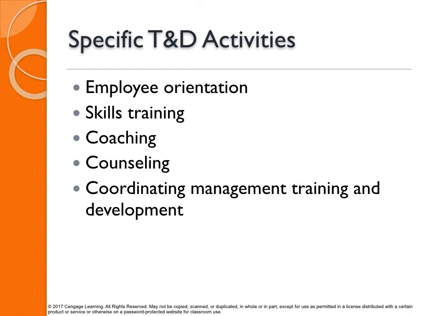Here are some specific training and development activities that are common. As I mentioned, employee orientation. That's the very first training and development activity that an employee is going to go through. Skills training, so specific things that they need to know how to do, depending on where they are in the organization. And typically, skills training, when you think about structure, is going to be more for frontline employees, right?